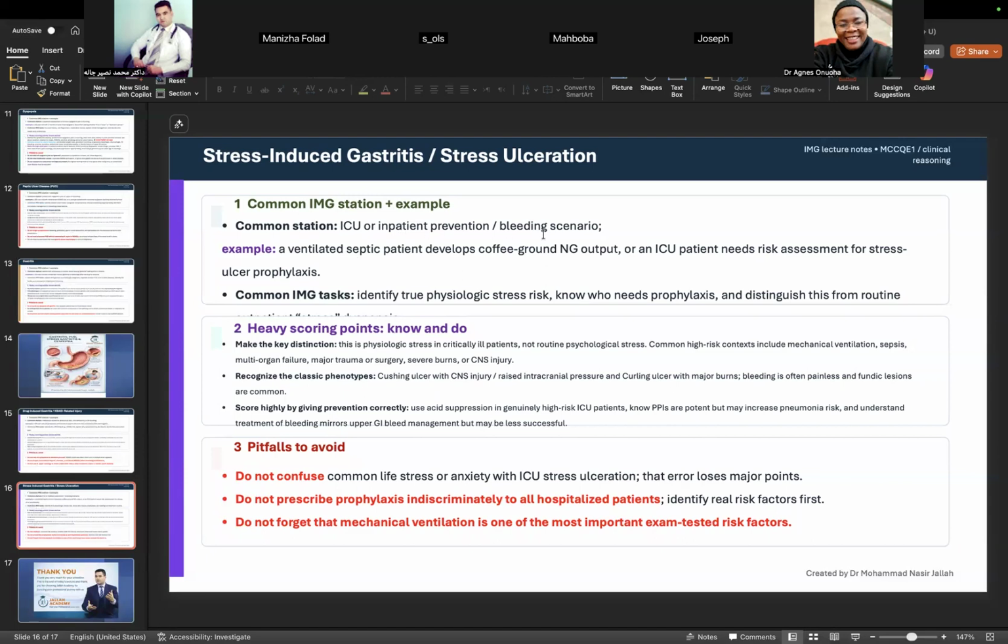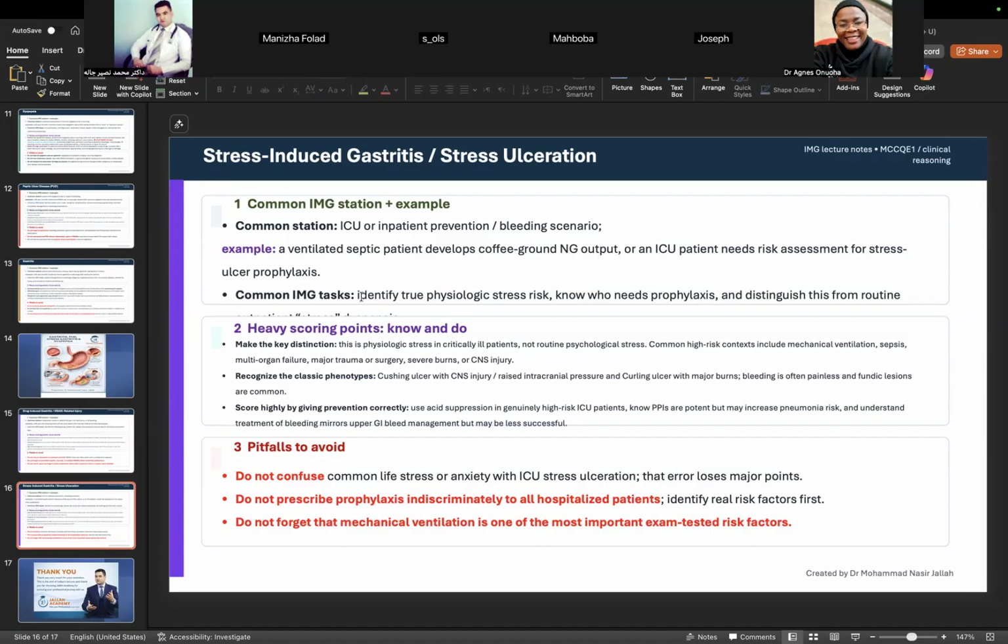It is an ICU or inpatient bleeding prevention scenario. For example, a ventilated septic patient develops coffee-ground NG tube output. Or another scenario, an ICU patient needs risk assessment for stress ulcer prophylaxis.